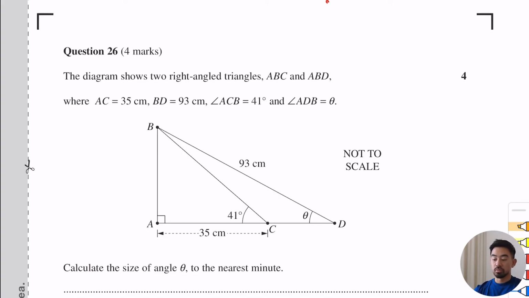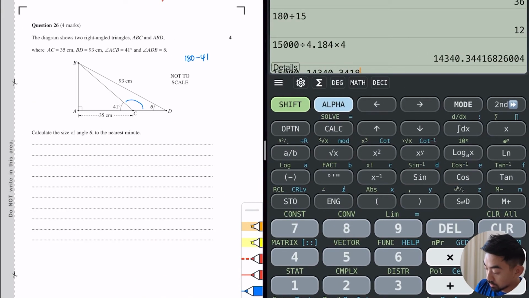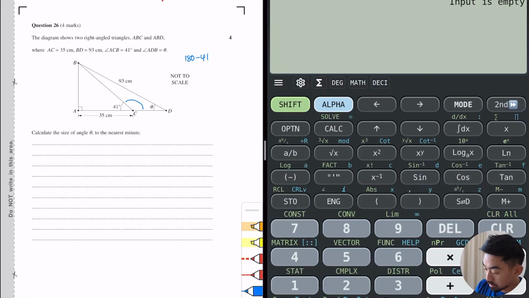Whenever I do these questions, I don't exactly know how I'm going to get to the final answer, but I'll start filling in information that I can see straight away. So for example, that angle is 41, so this angle has to be 180 minus 41, so that's 139.